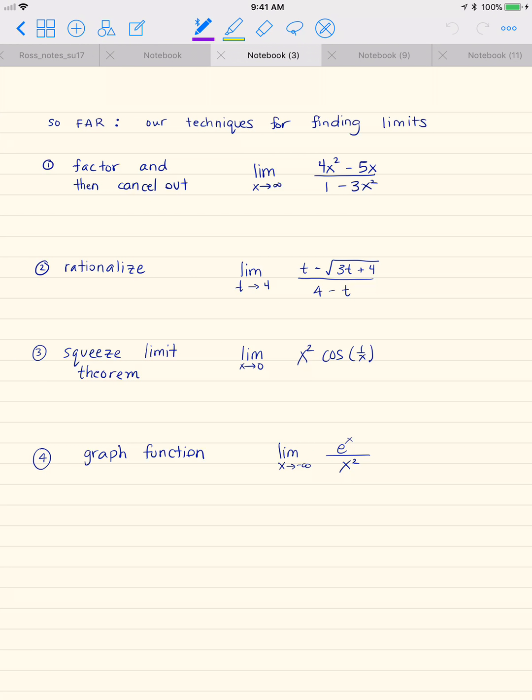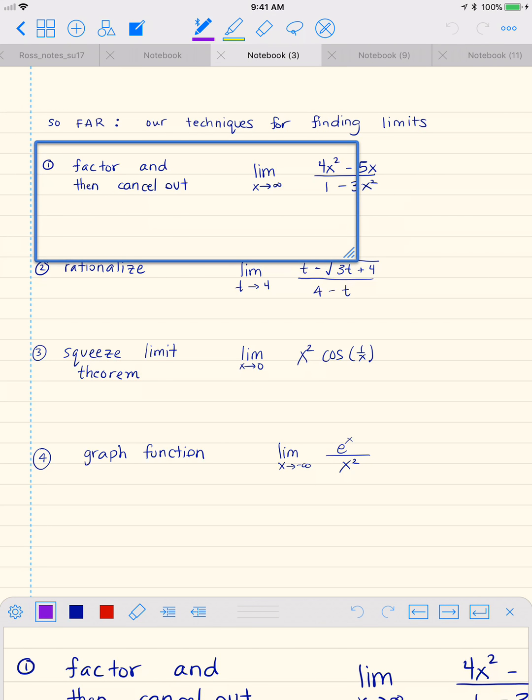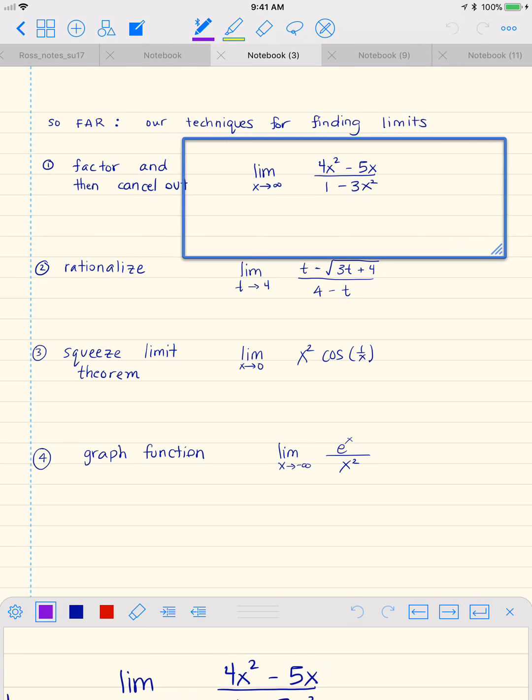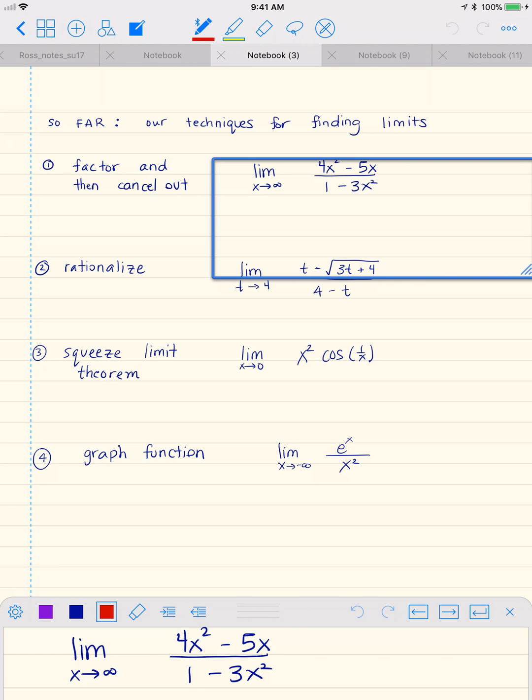Okay, so far our techniques for finding limits are to factor and then cancel out. So let's show you on this first one here. This should just be a reminder. For this first problem, we want to find this limit as x goes to infinity. Remember, this is an indeterminate form, so if we just plug in infinity, we would get infinity over negative infinity.